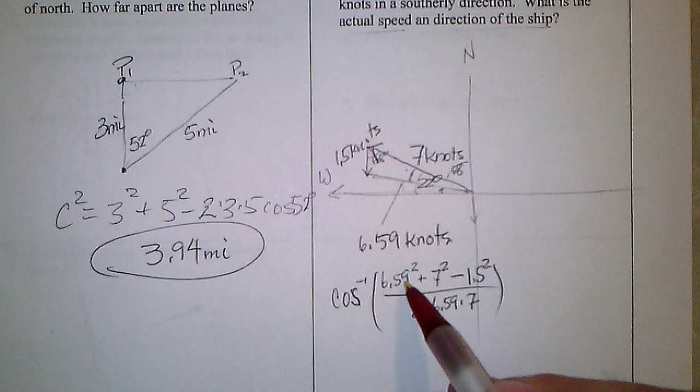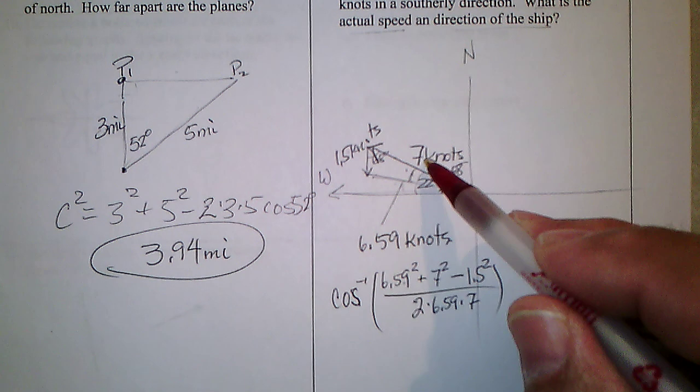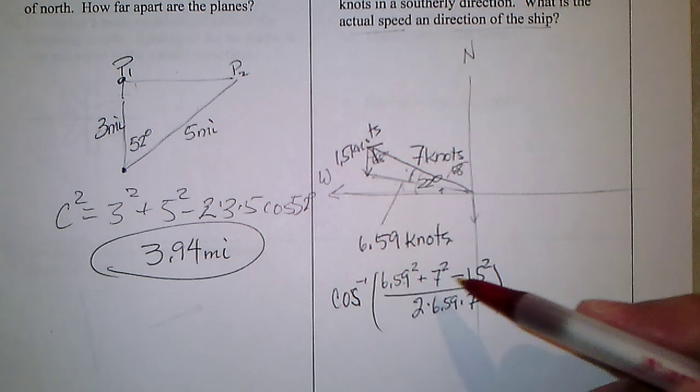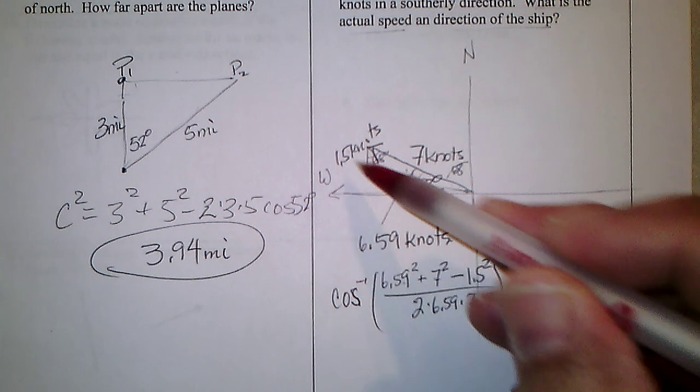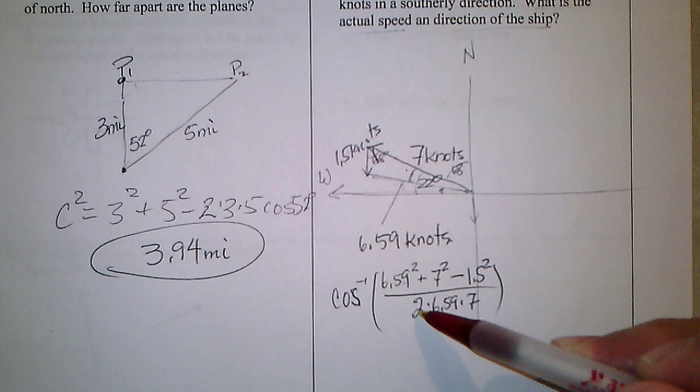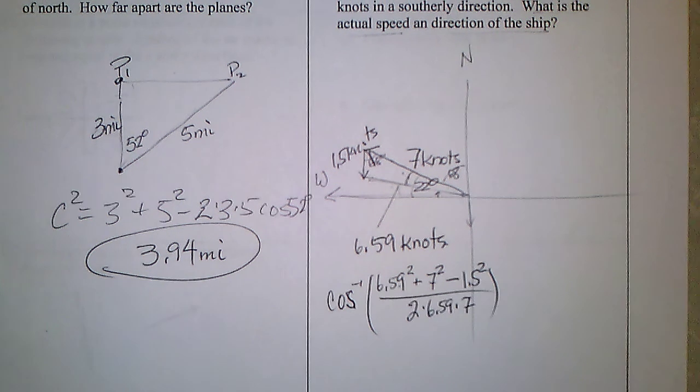Cosine inverse of an adjacent side, I'm trying to find this angle, minus the 1.5 squared over 2 times these.